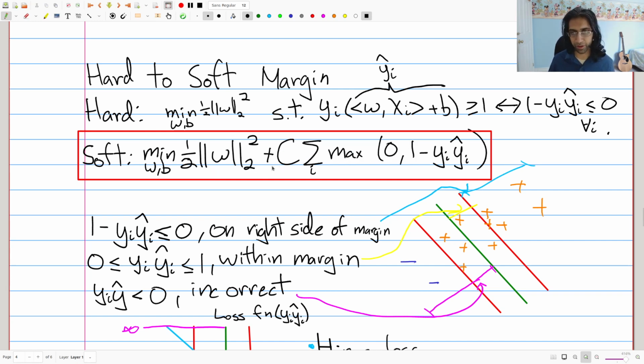On the other end of the spectrum, if you set C to be equal to infinity, then we're not going to care at all about the norm term. It's not the exact same thing, but essentially we'll place almost no importance on it, and it'll reduce to the hard margin SVM, in the sense that if there is a solution which is linearly separable, then you have to find it.